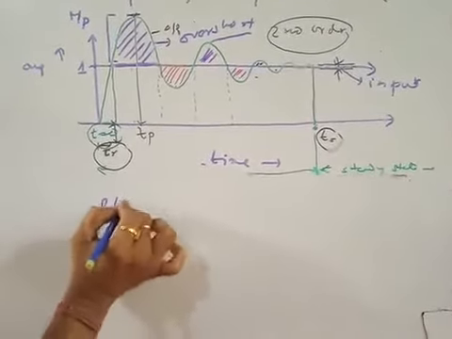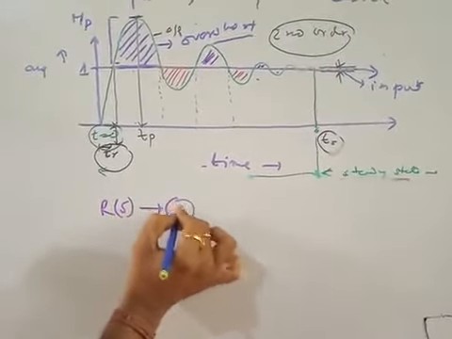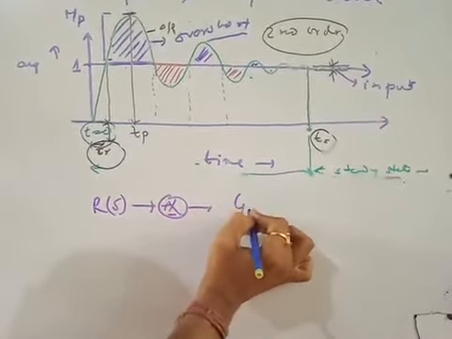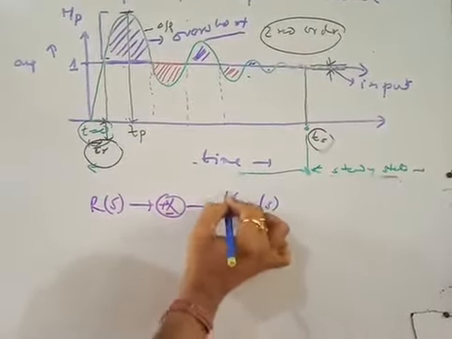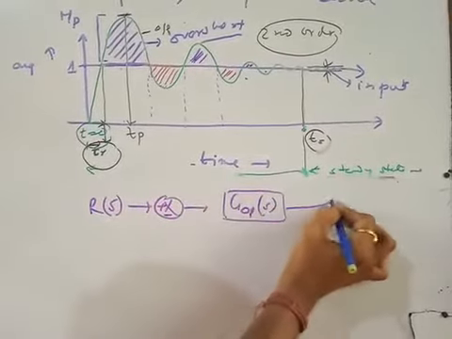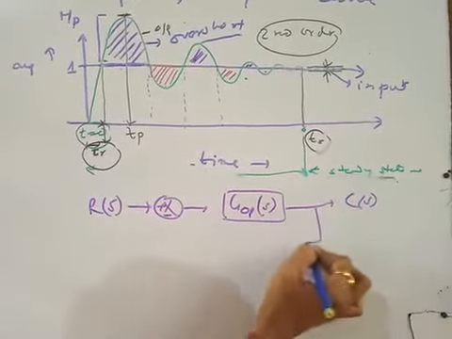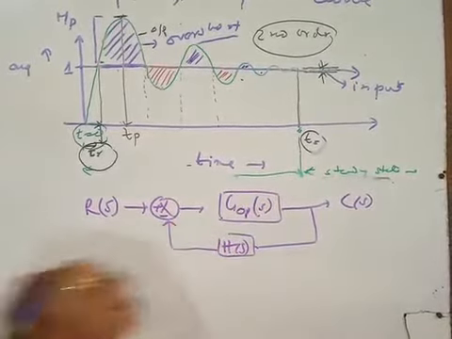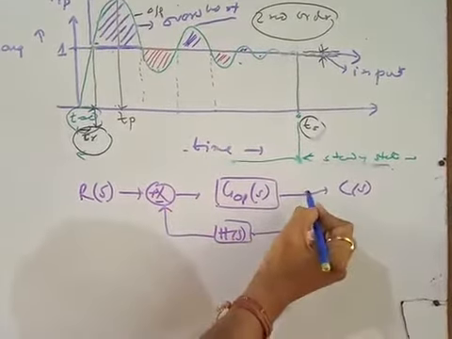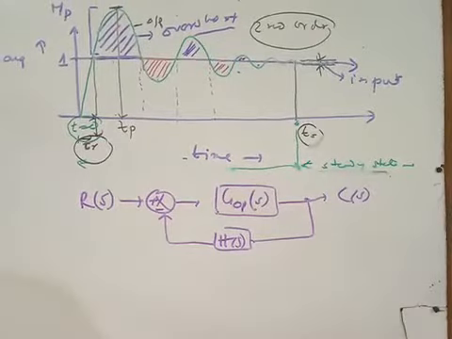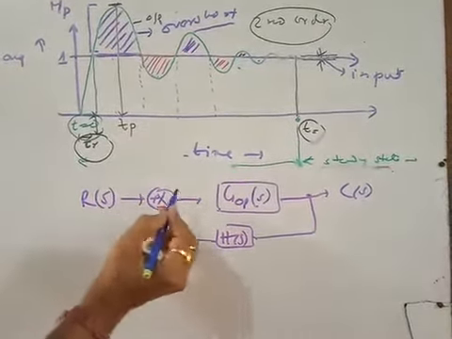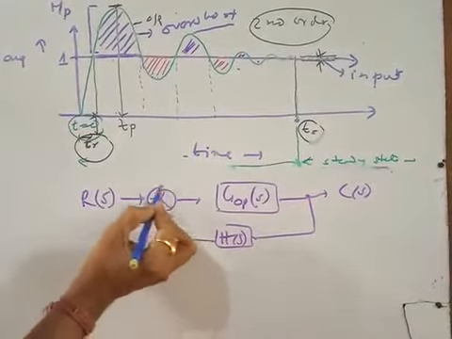Let me take this open loop transfer function, this is your output, this is your H(S), and this is this. So what is this actually? When you get the output minus input, or input minus output, this is your error block, as you know.